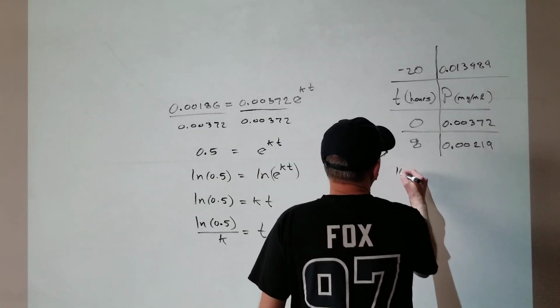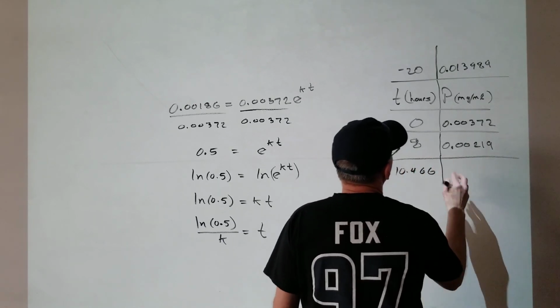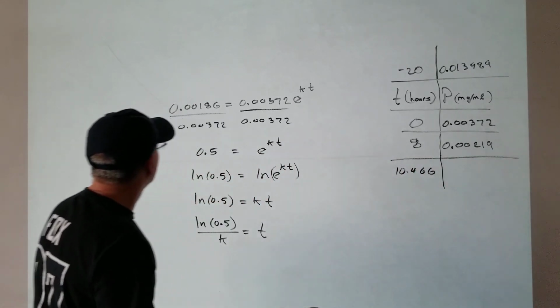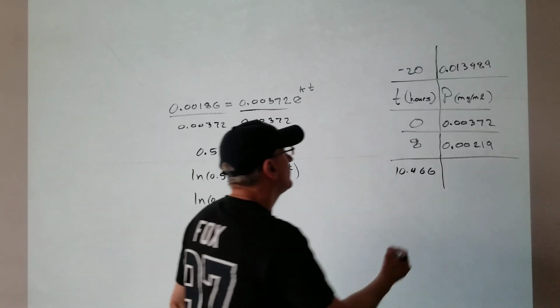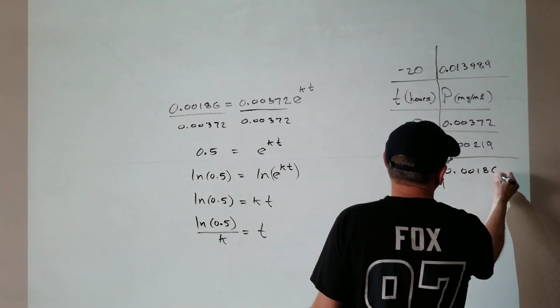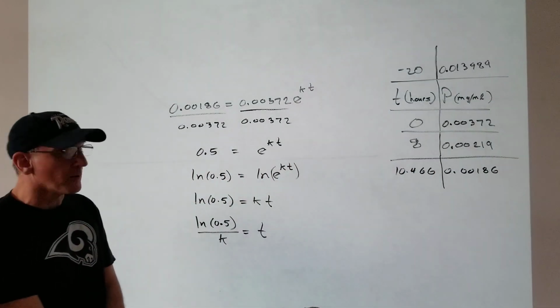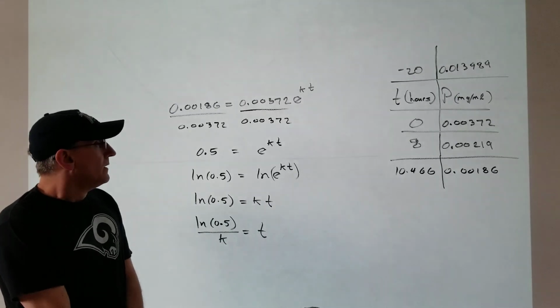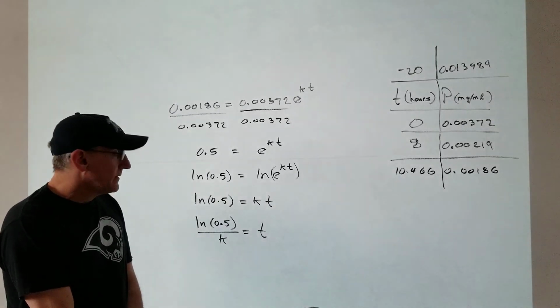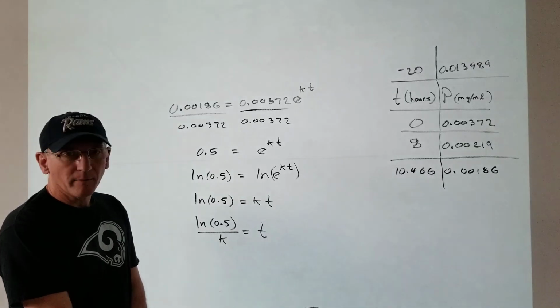Turns out to be 10.466 hours. So at 10.466 hours, you would expect that the original amount had halved itself to 0.00186. By the way, sometimes when you're doing an exponential growth problem, one of the questions that gets asked is how long does it take for your money to double, if you're counting money?